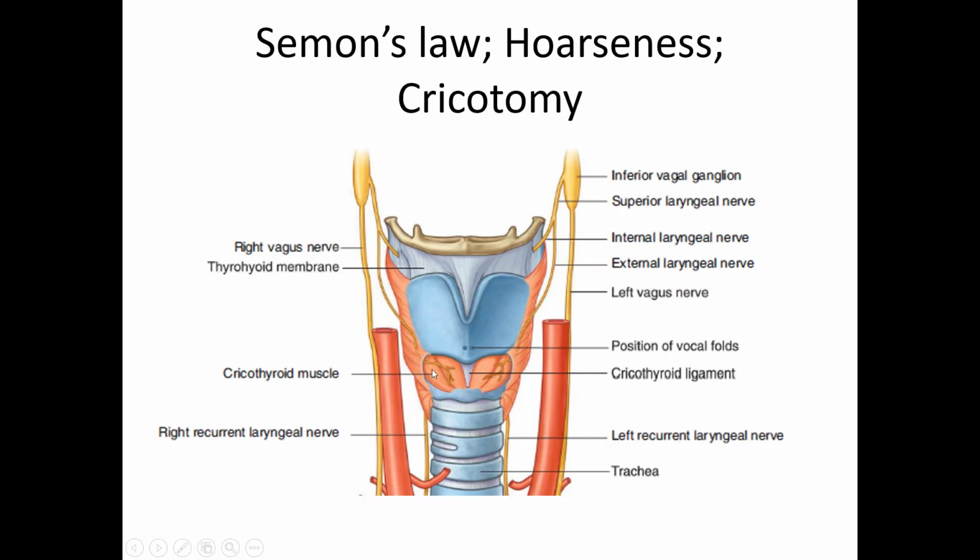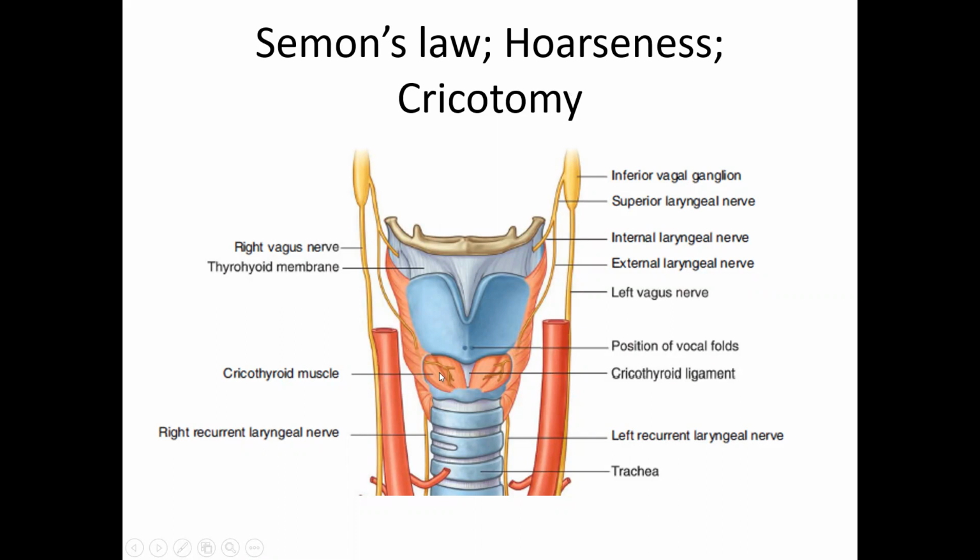The external laryngeal nerve is the only nerve supplying the muscle which causes tenseness, and it is damaged in thyroid surgeries. The vocal cords will not become tense, and that will cause hoarseness of voice.